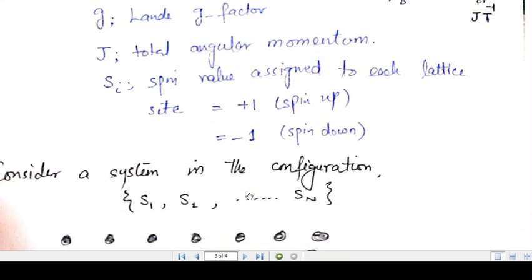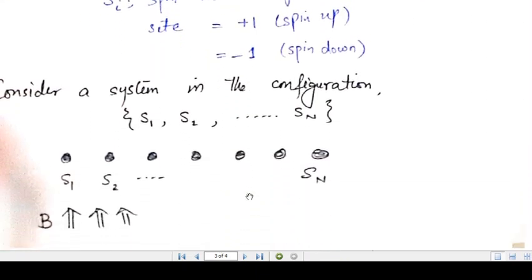So let's consider a configuration where you have a lattice with different lattice sites on which different spins are arranged, and you have also applied an external magnetic field. We are going to write the Hamiltonian of such a system.